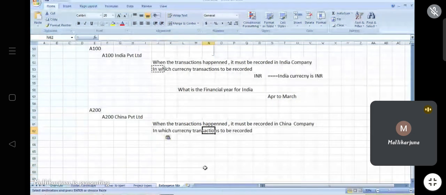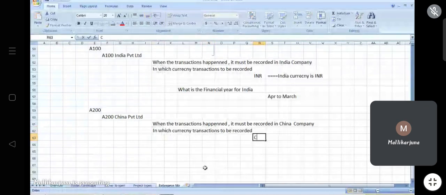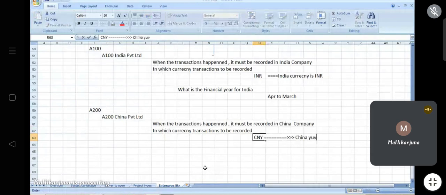It is CNY, China Yuan. That is called CNY. And what is the financial year for China? It depends on the country.